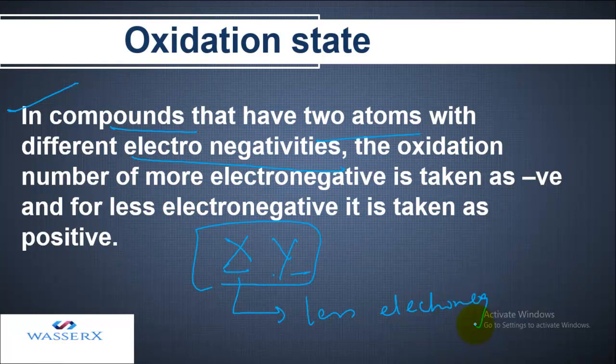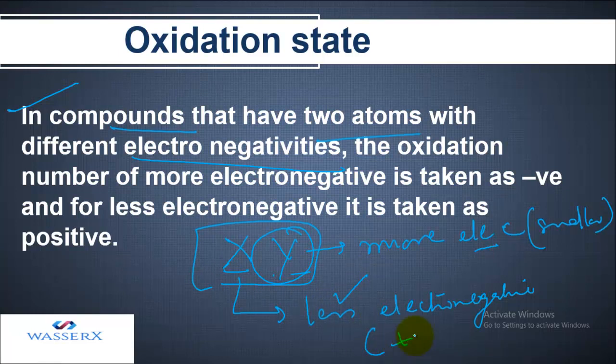That means its tendency to attract electrons is less and it is comparatively bigger in size. And if we talk about Y, it has more electronegativity and it is comparatively smaller also. So in this case, the one which has less electronegativity, its oxidation state is represented in positive magnitude. And the one with more electronegativity, its oxidation state is represented in negative magnitude.